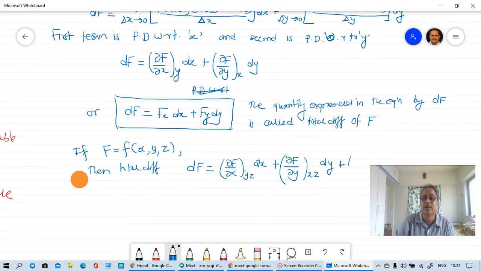The third term is exactly similar, partial differential of f with respect to z keeping x and y constant multiplied by dz. So in simple language, this can be written as fx into dx plus fy into dy plus fz into dz.